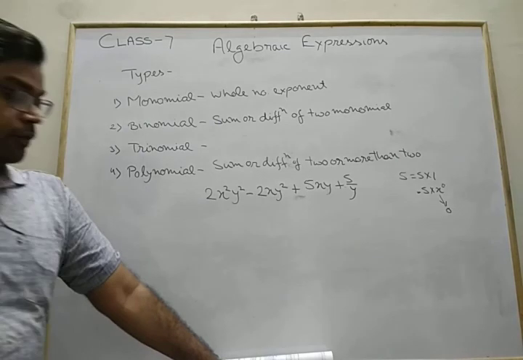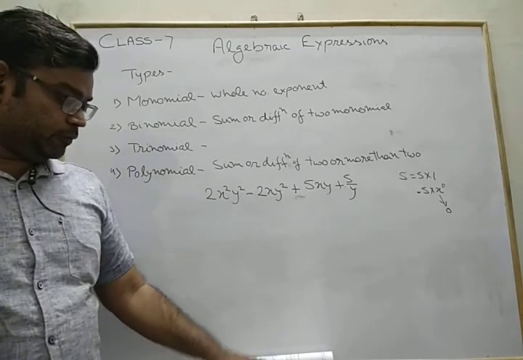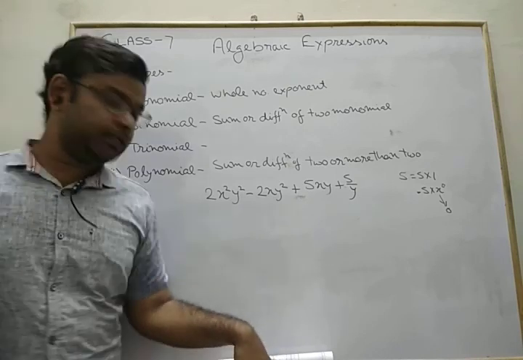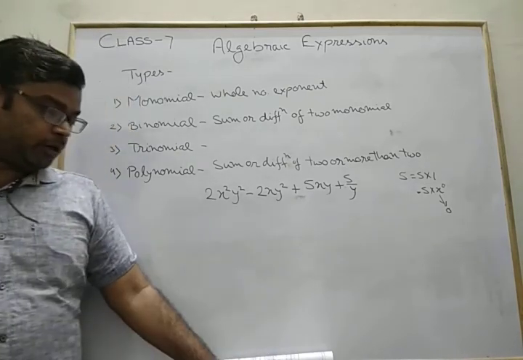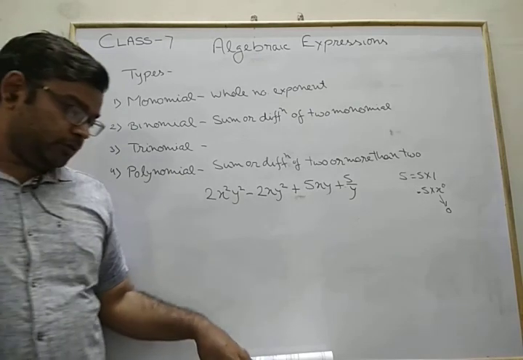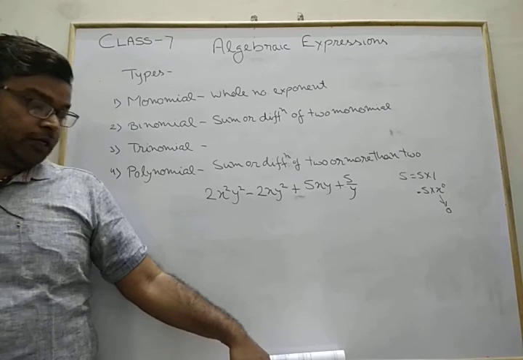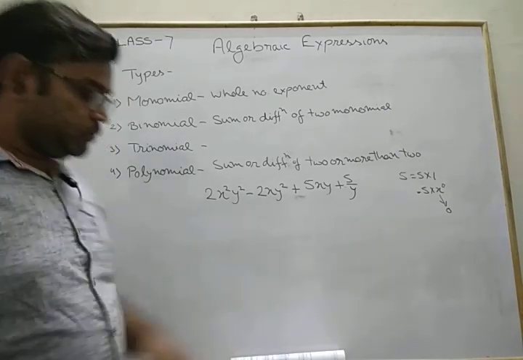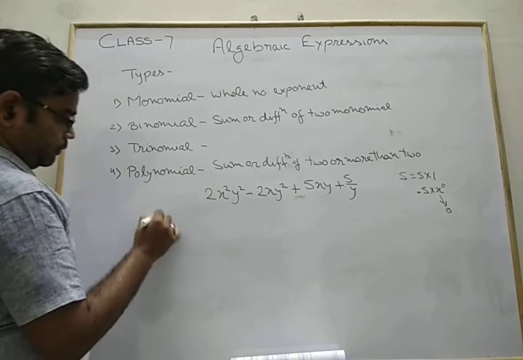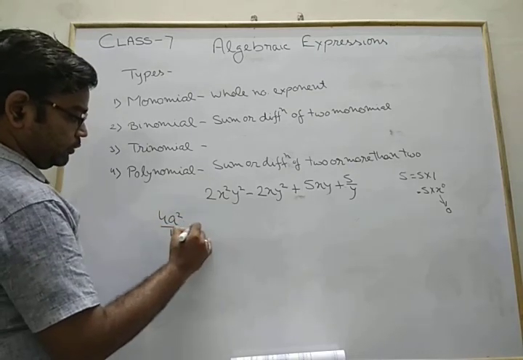Now, in the exercise 11A, some questions are given. Question number 1: which of the following algebraic expressions are polynomials? You can separate the numerical coefficient and the degree of the expression. For example, I am choosing 4a square upon b. What is the numerical coefficient?